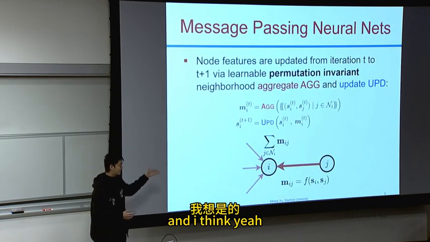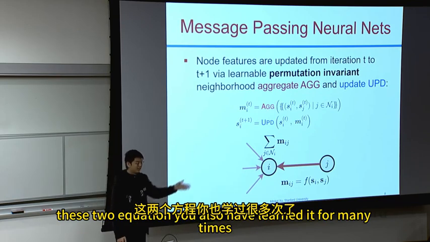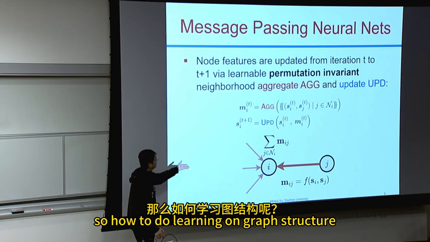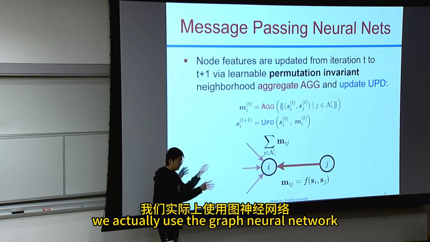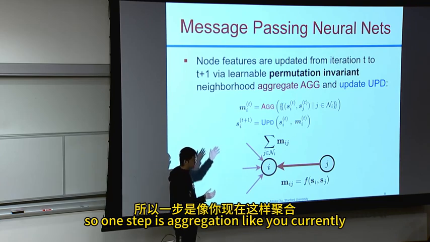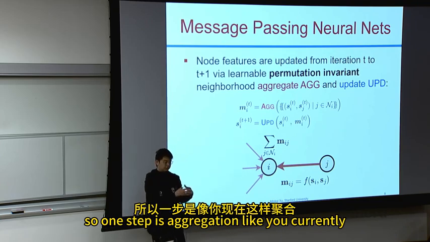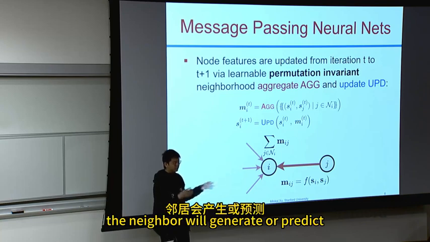And I think these 2 equations, you also have learned many times. So how do we do learning on graph structure? We actually use the graph neural network, and it is mainly composed of 2 steps. One step is aggregation. Currently we are on one node and we have multiple neighbors.